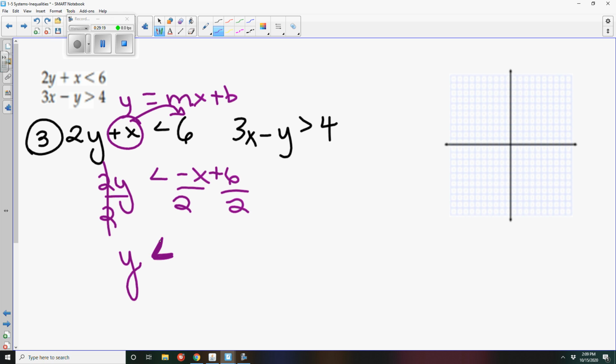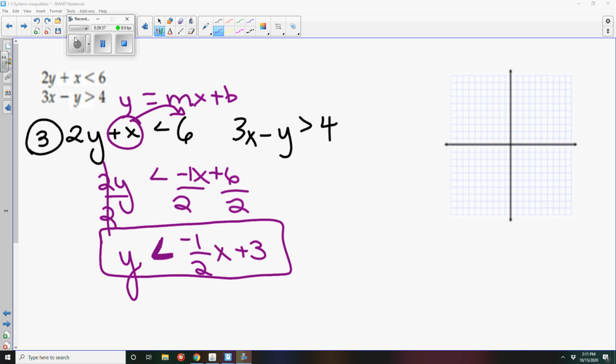And we got negative x there, just like a negative 1x. Can negative 1 divided by 2 reduce? No, so it says negative 1 over 2x. And now what's 6 divided by 2? 3. Right. So we have our m, for this one was a negative 1 over 2. We have our b is 0, 3.